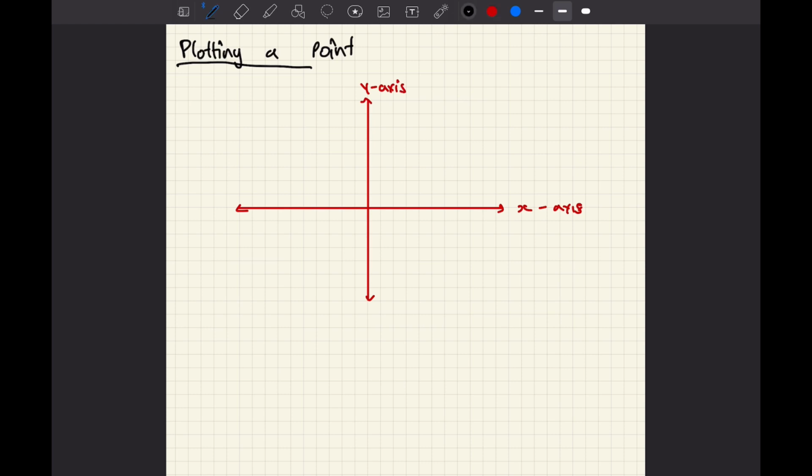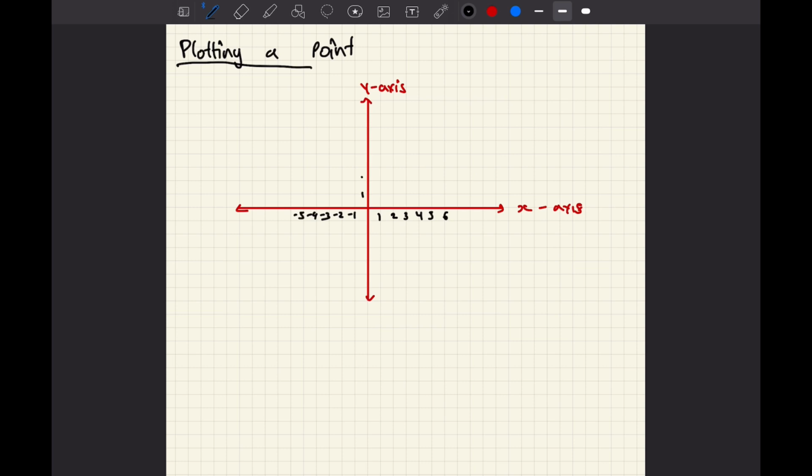So on the x-axis, you have positive numbers on the right-hand side and negative numbers on the left-hand side. The same applies for the y-axis.